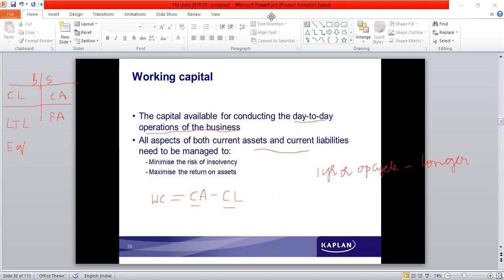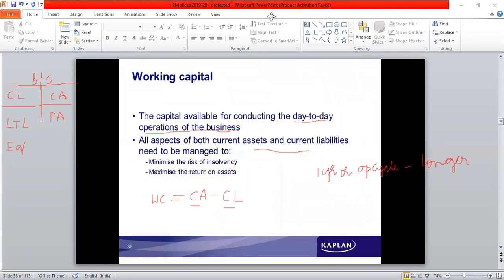Sorry about that. The current liabilities are to be discharged in a period of 1 year. So meeting the current liabilities is an important thing. Those liabilities which are to be met in the short run, if they cannot be paid within the due date, then the reputation of the business gets affected.